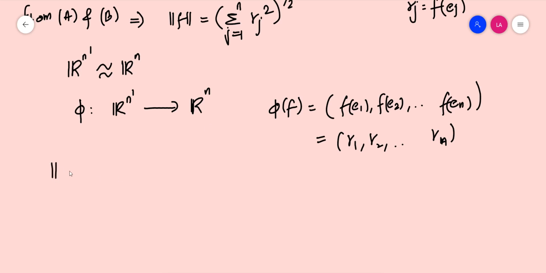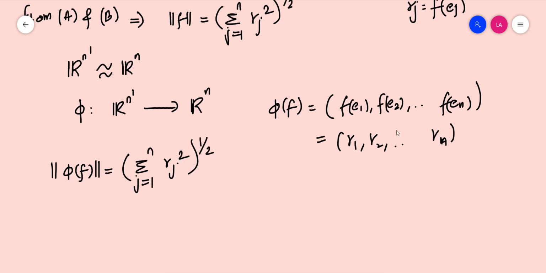Now, the norm of phi of f should be equal to the norm of (f of e1, f of e2, etc., f of en), which is actually the norm of (gamma 1, gamma 2, etc., gamma n). Since gamma 1, gamma 2, etc., gamma n are real numbers, its norm is (summation j = 1 to n of gamma_j^2) raised to 1/2.